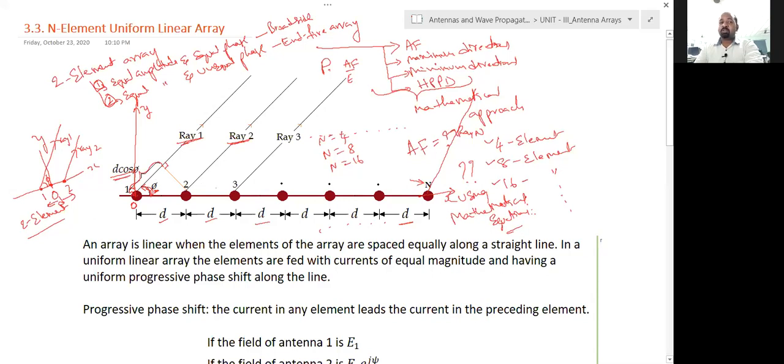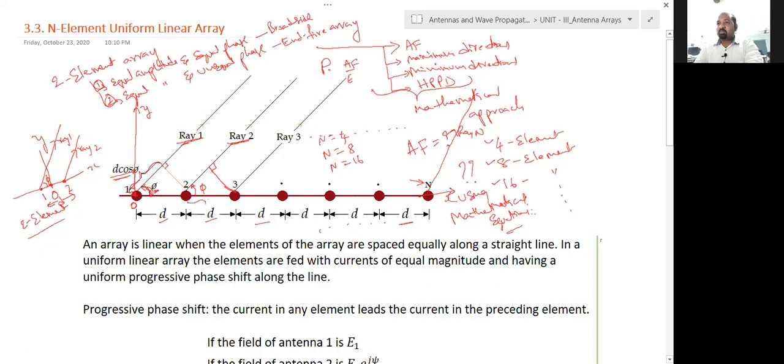For example, between antennas 2 and 3, if you draw a perpendicular line from antenna 3 to the ray of antenna 2, it makes the same angle pi, because point P is at infinity. When point P is at infinity, all these rays, ray 1, ray 2, ray 3, can be considered parallel.